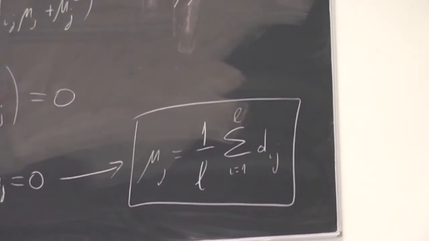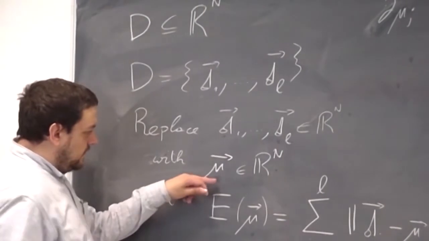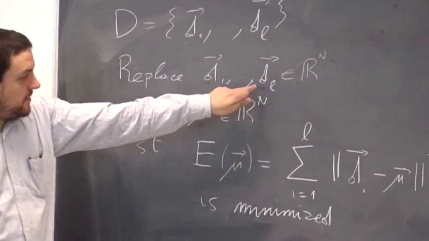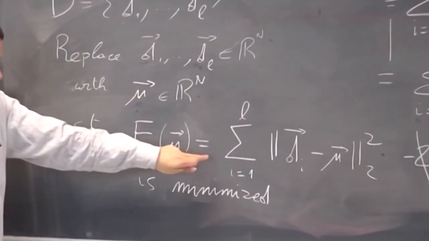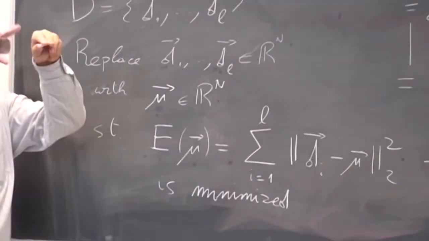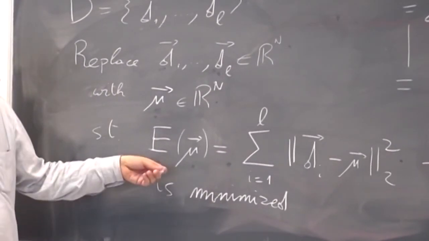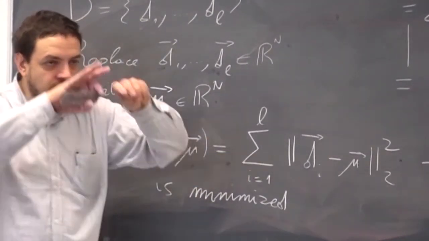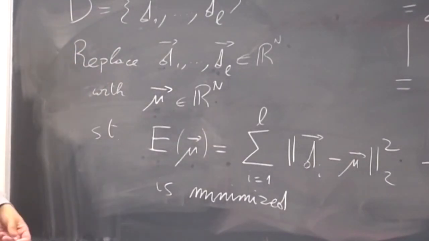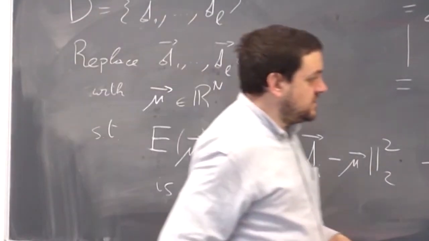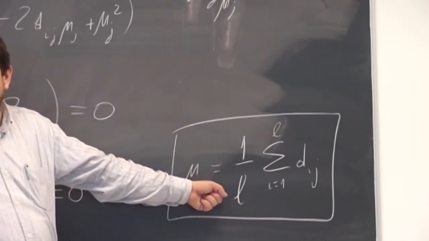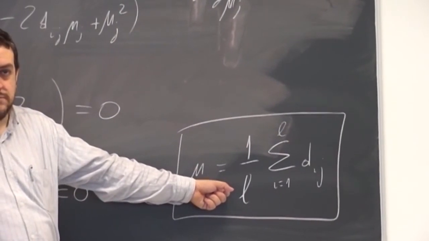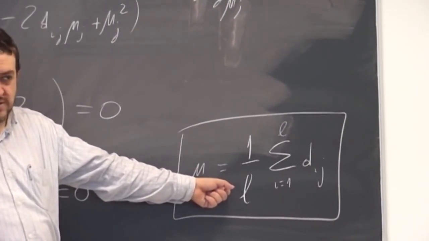From this we get that the vector that best represents a set of elements by minimizing the sum of the squares of the distances, so the element that is somehow closest to our set of elements, is the arithmetic mean, the average, the centroid of our set.